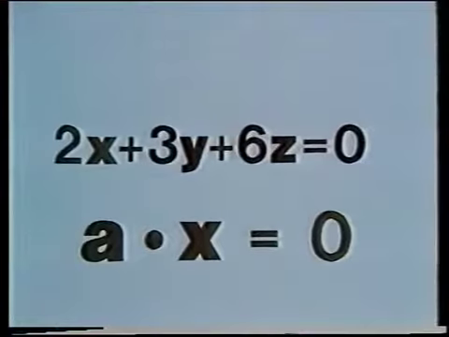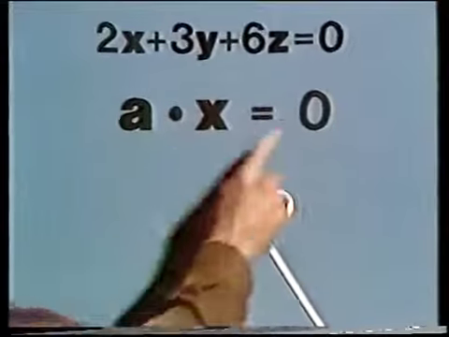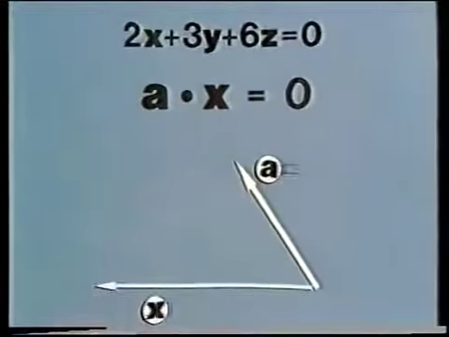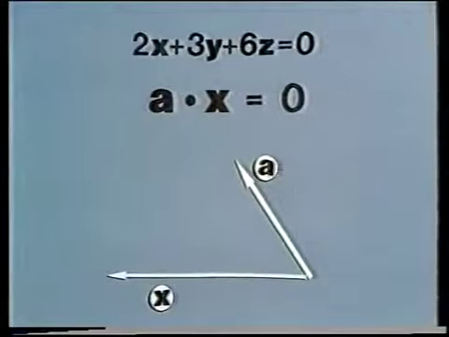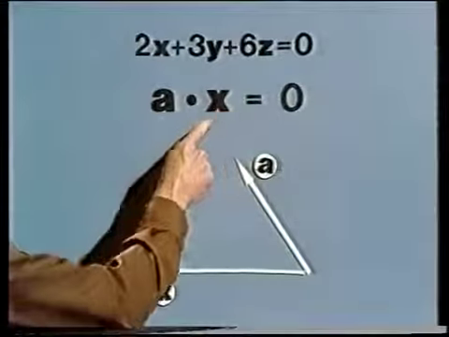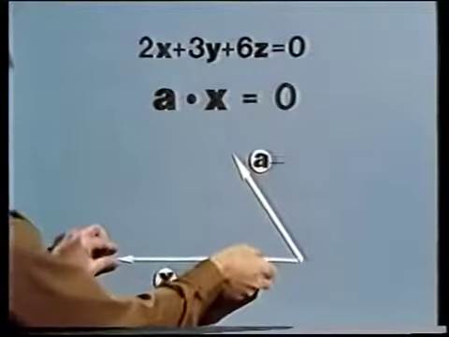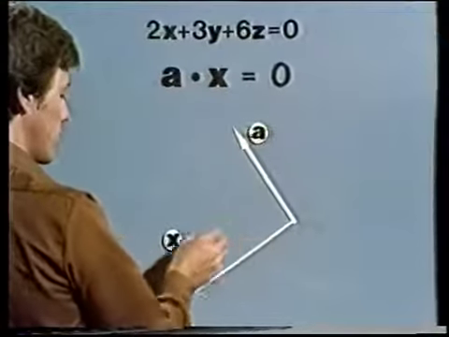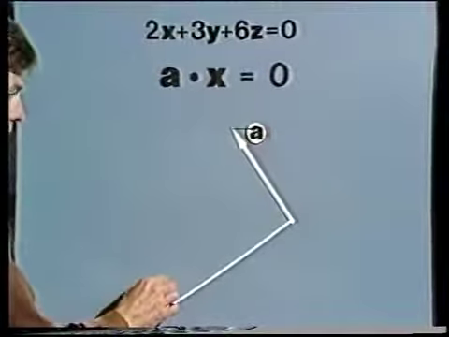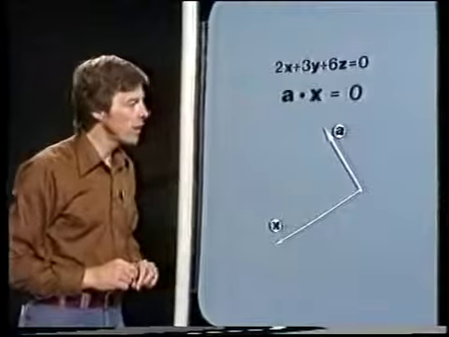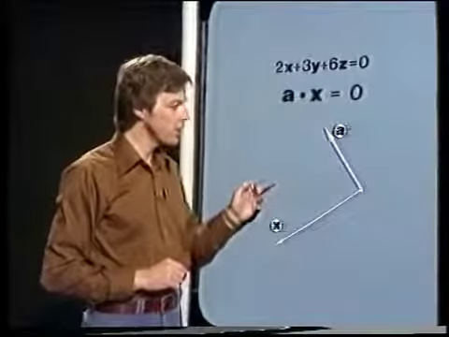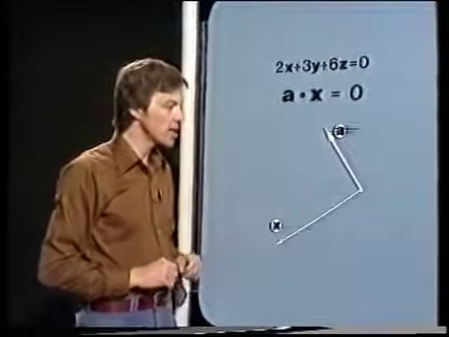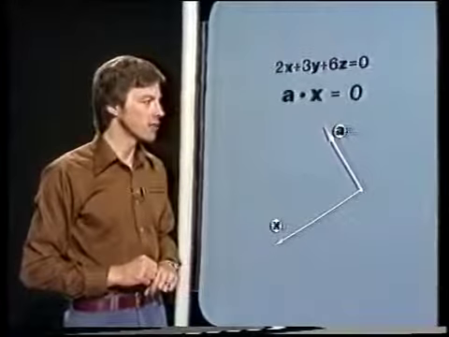And now you can see why we've chosen a simpler form, because this is a condition on x that we can interpret very easily, because all this tells us is that the vector x must be perpendicular to, orthogonal to, the vector a. And since we're dealing with vectors in R3, we can just picture a and x as two vectors at right angles.